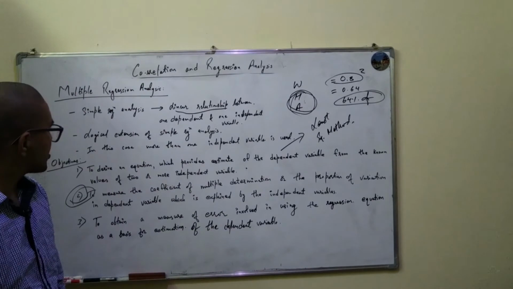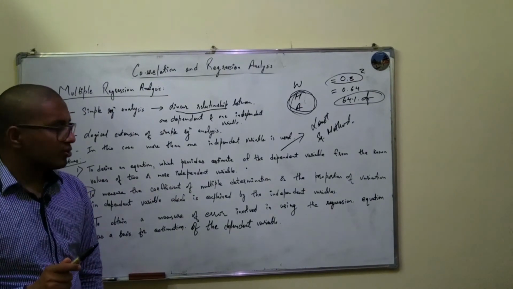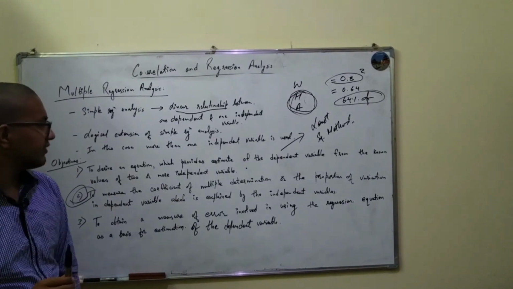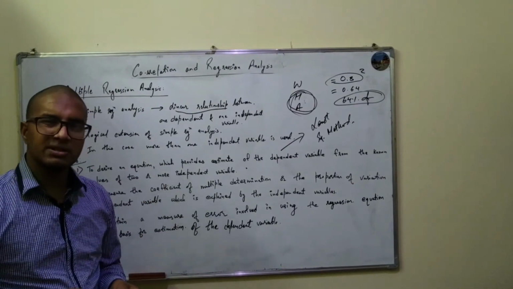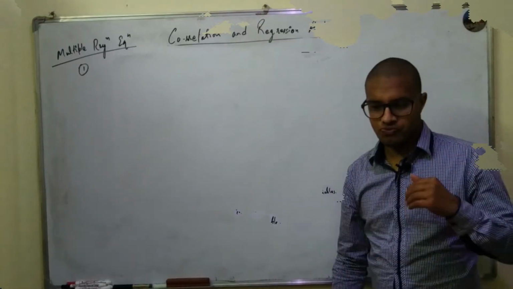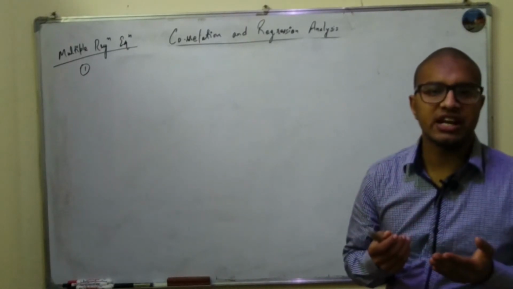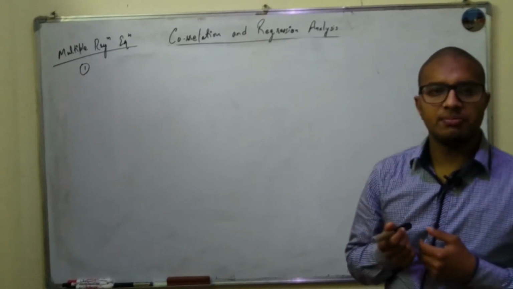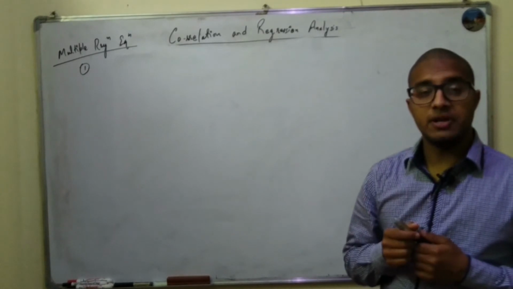Okay, so what we will do now is look at a few more of this regression. We will look at the different methods of doing it, so that will give us a bit of clarity as well. Okay, to find out the multiple regression equation, first of all we need to determine which is the independent variable and which is the dependent variable. There will be multiple independent variables, right?